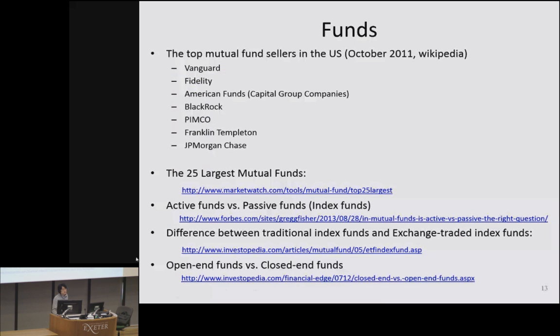These are the top mutual fund sellers in the United States as of 2011: Vanguard, Fidelity, BlackRock, these companies. There are a couple of important distinctions, such as active funds versus passive funds. Active funds are funds for which there are active fund managers, and these people make active investment decisions about what companies to buy and what assets to sell.